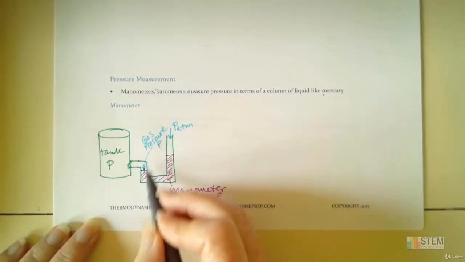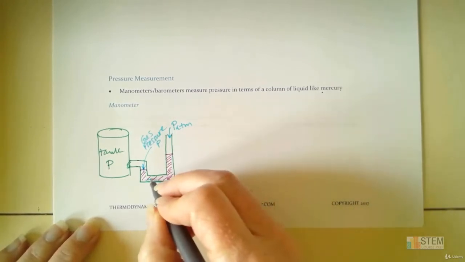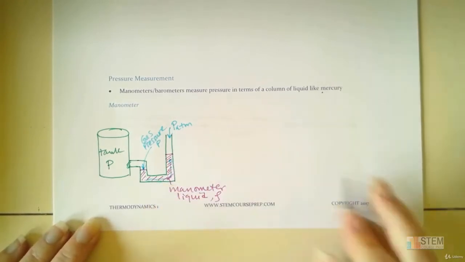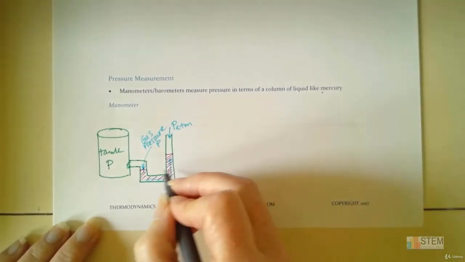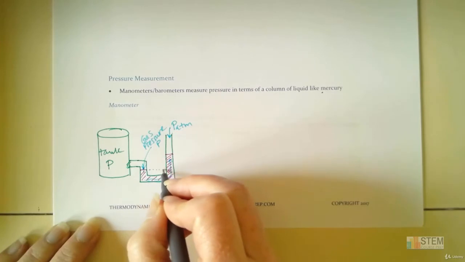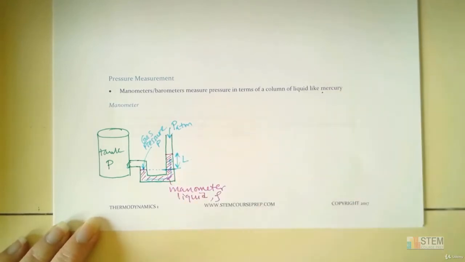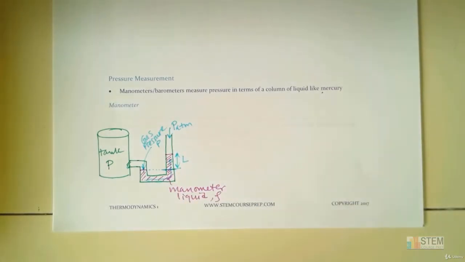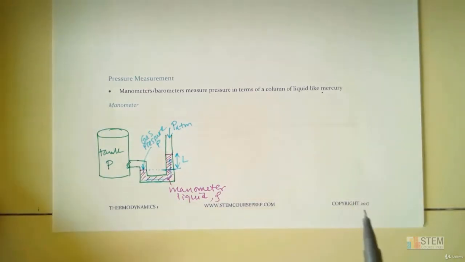So as this gas pressure P pushes down, it's going to cause this fluid to rise up into this tube here. Okay, so the height that's measured is going to be the distance from this line up to the top. So we've got L. All right, so that is going to be the height of the liquid column of mercury.